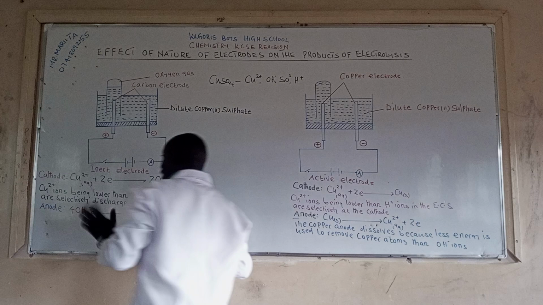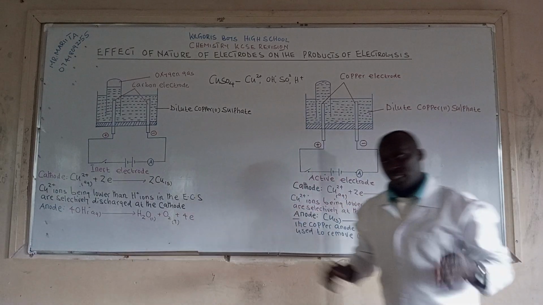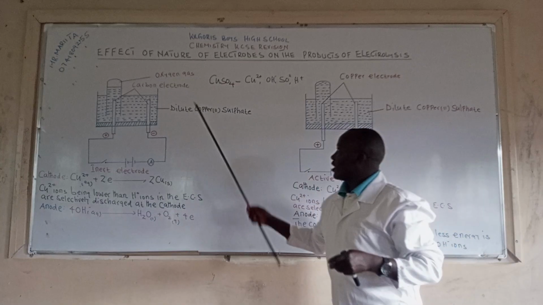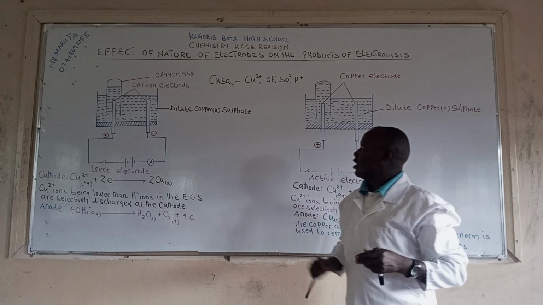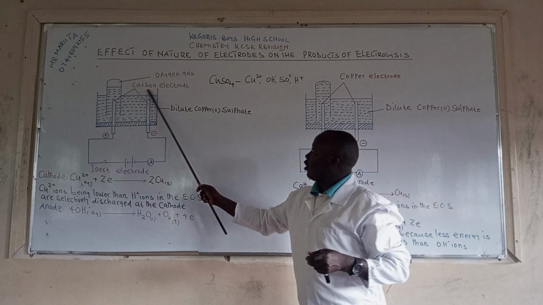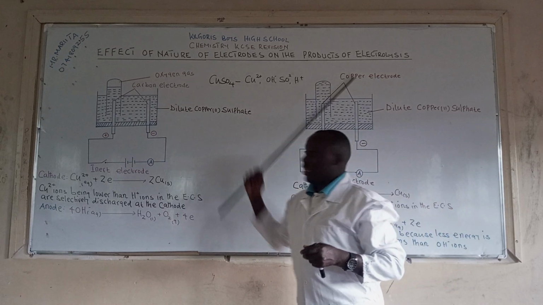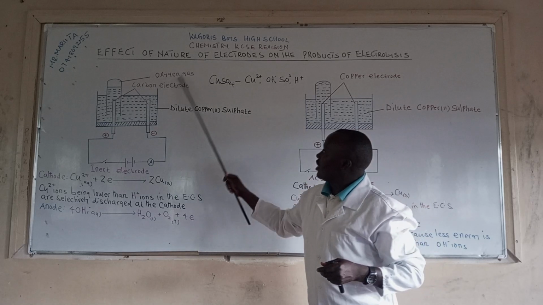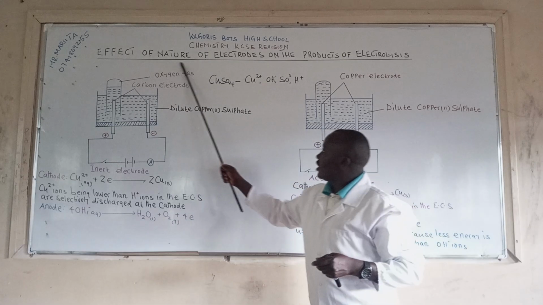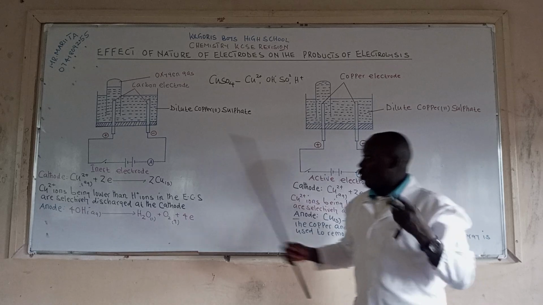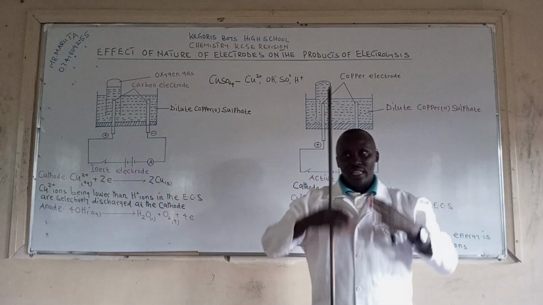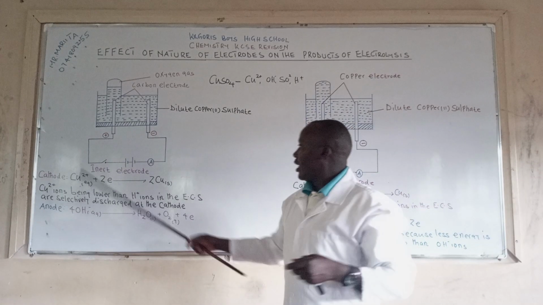Therefore, they migrate to the anode. Now, in these two categories of the electrodes, what is happening here? In the first case, where we have a dilute copper sulphate, we are talking of the carbon electrodes. So we have the oxygen gas collected there. So what you understand is that the equation at the cathode, we have the copper ions.